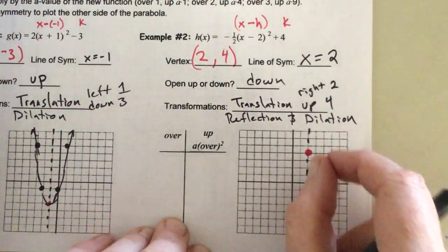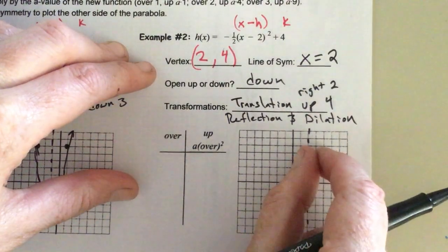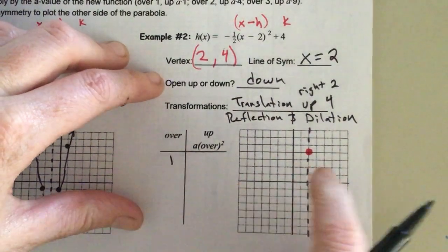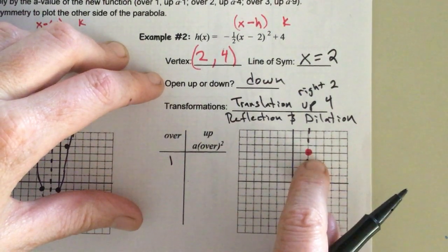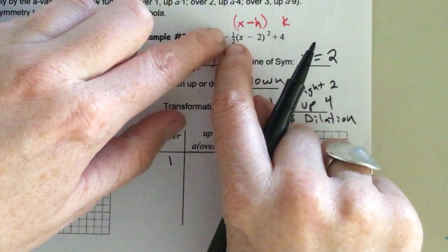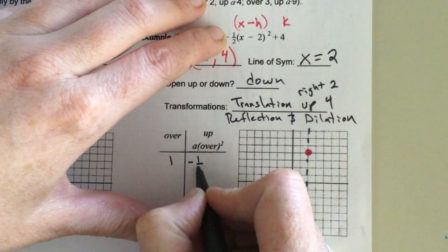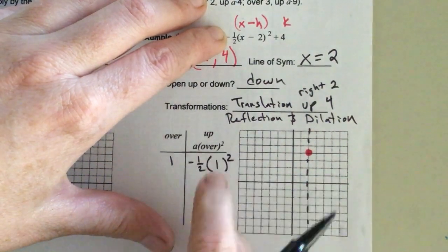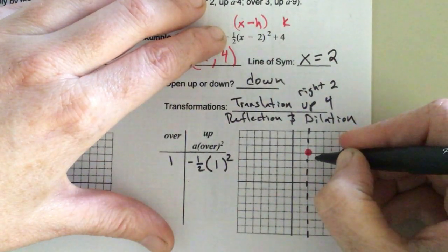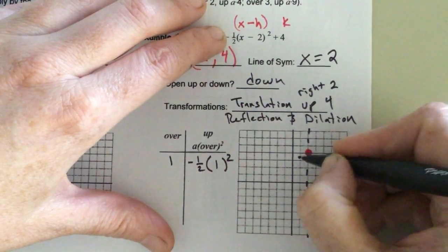Okay, now we're ready to use our pattern to graph the parabola. So if I go over from the vertex 1, I'm not just going to go down 1, I'm only going to go down a half. So I go over 1, down a half. And I can do that on the other side, use symmetry.